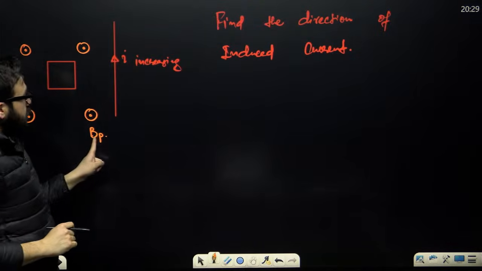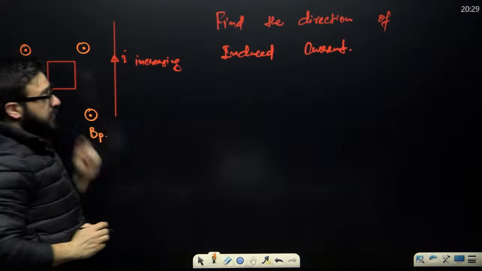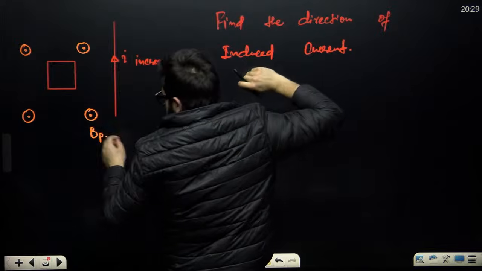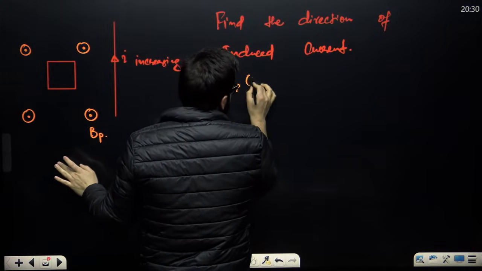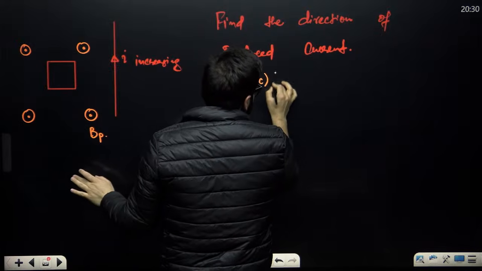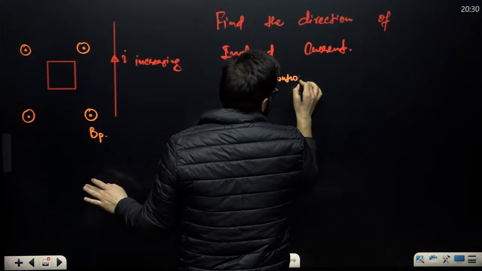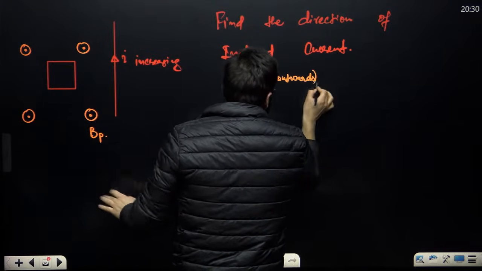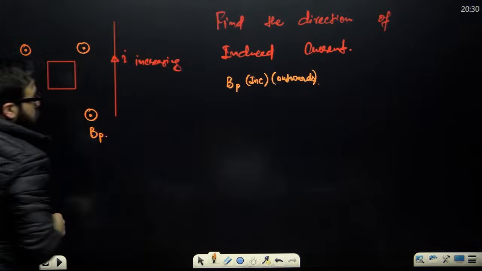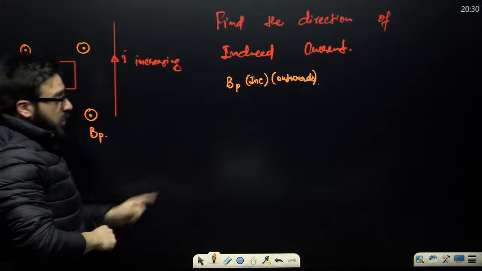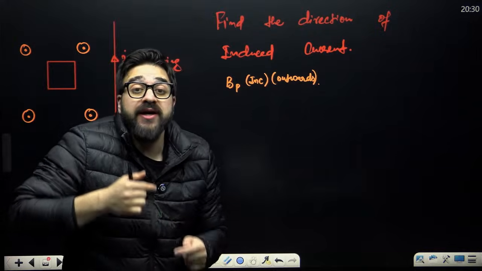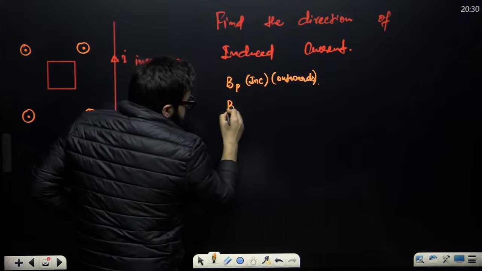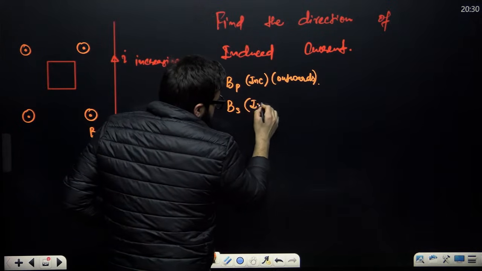This primary magnetic field is because of this primary current. If the current is increasing, magnetic field created due to this will be increasing. So B primary is increasing, and it is outwards. Now tell me, if the primary magnetic field is increasing, secondary magnetic field should oppose it. So secondary magnetic field has to be inwards.